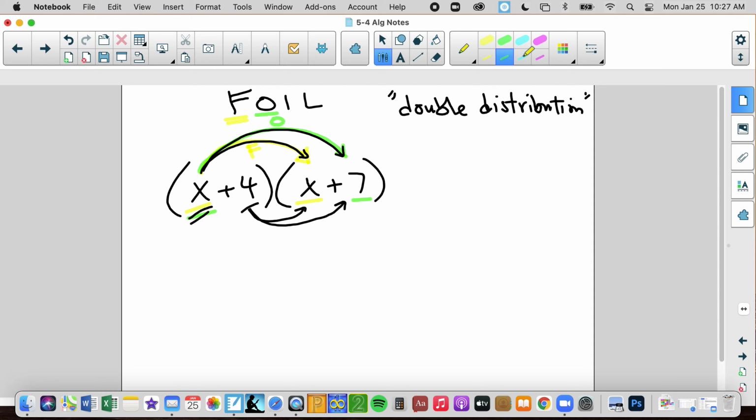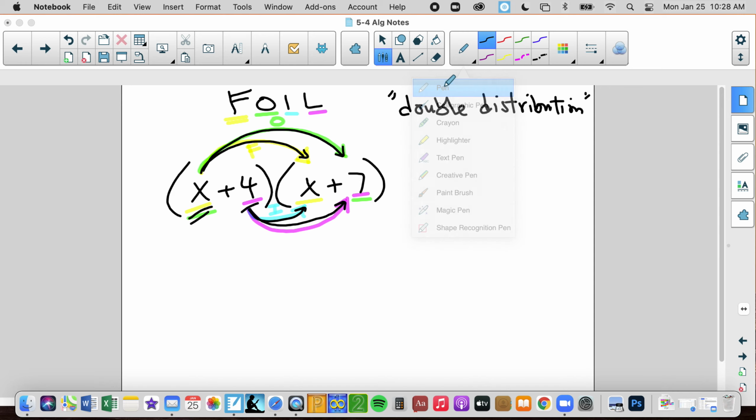O is outer, I is inner. So you notice that we multiply these, the inside two. That's the I. And then the L stands for last, and that's that last distribution. You multiply the last of each binomial.